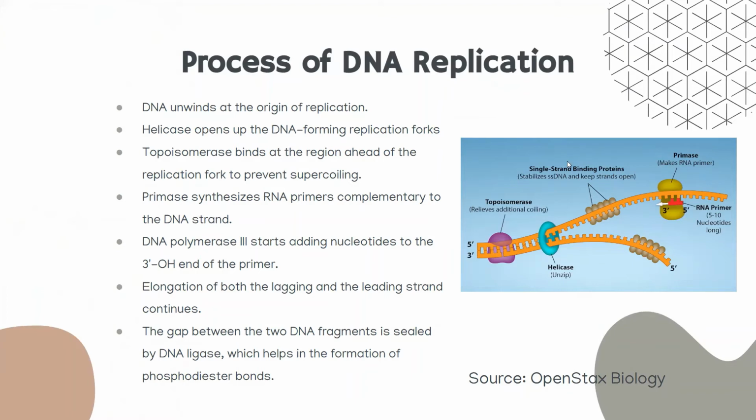Firstly, DNA unwinds at the origin of replication, right? It starts unwinding, separating into two strands. The helicase, this one, unzips it. Think of it like a ziplock. It unzips it. It opens up the DNA forming replication forks. And topoisomerase here relieves additional coiling.